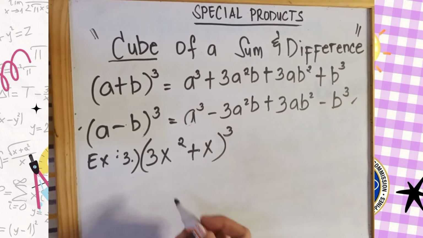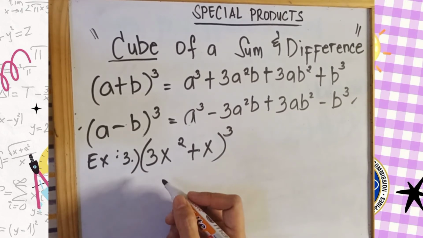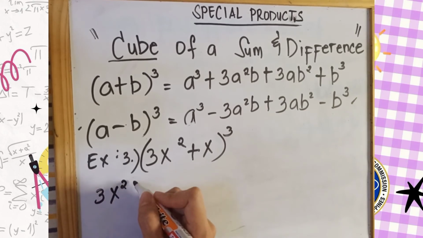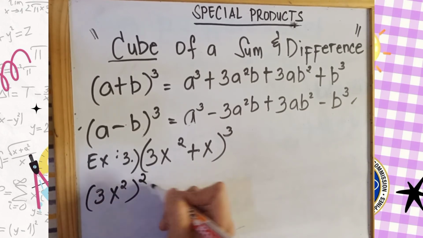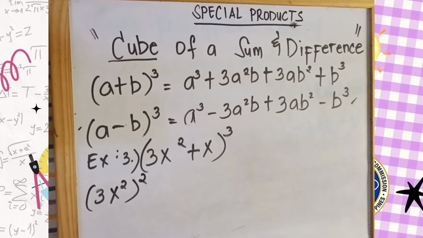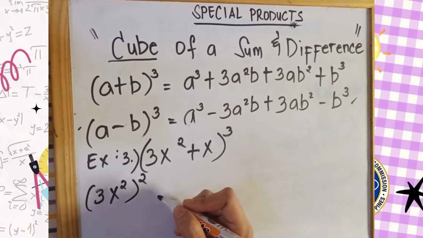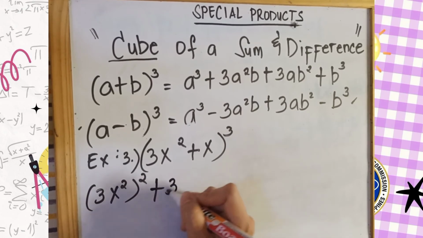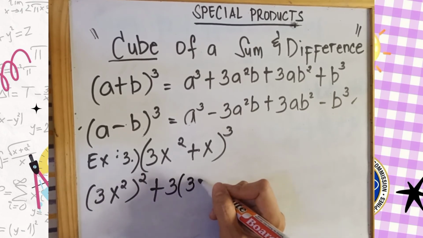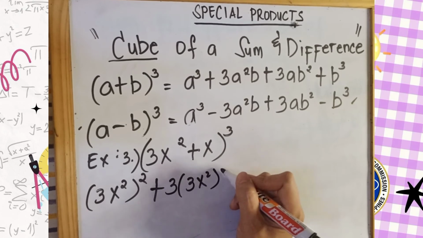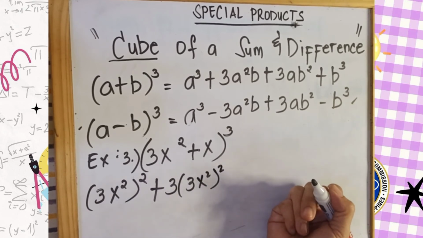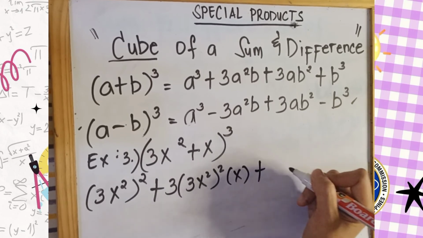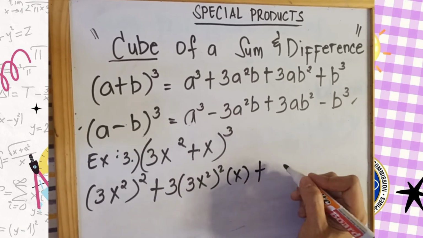Okay? So, let's have our first step. Cube the first term. So, that is 3x squared cube. Okay? Next, we have, since positive to, positive yung sign natin, 3 times 3x squared and then squared times x plus, this time yung kabila naman yung i-squared natin.